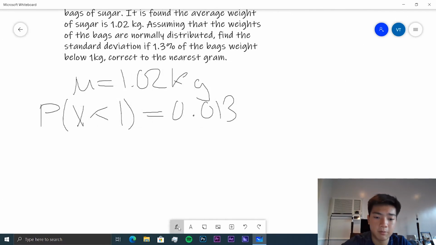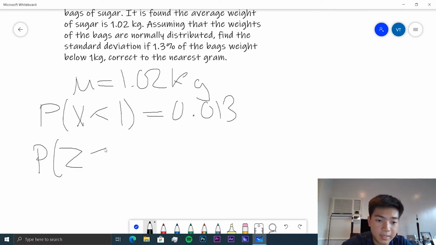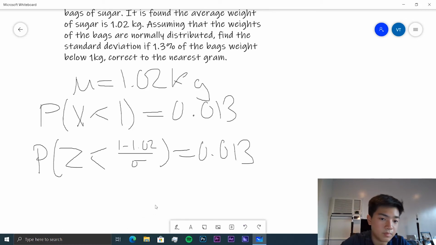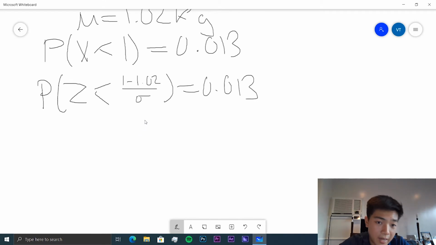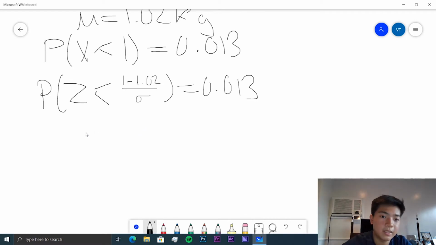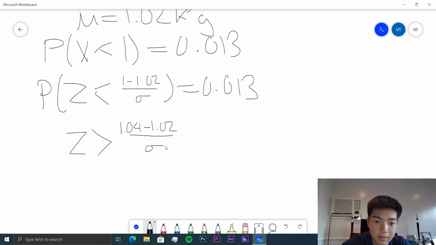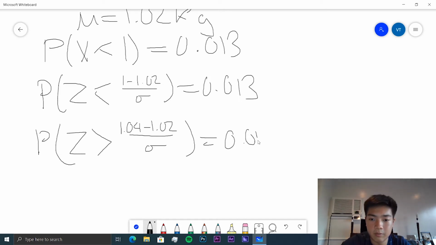Okay, so what we have here is that the probability that z is less than 1 minus 1.02 divided by the standard deviation is equal to 0.013. So this is equivalent to z being greater than 1.02 minus 1 divided by sigma, which is equal to 0.013.